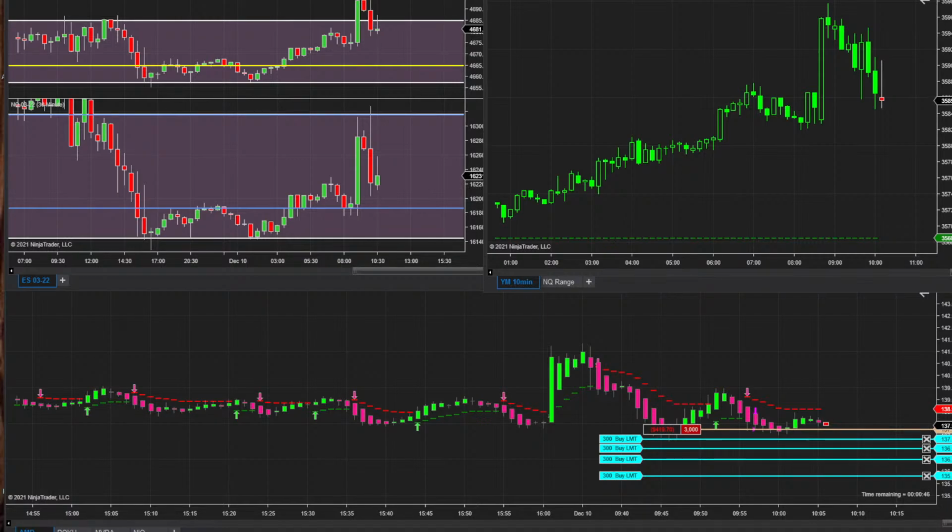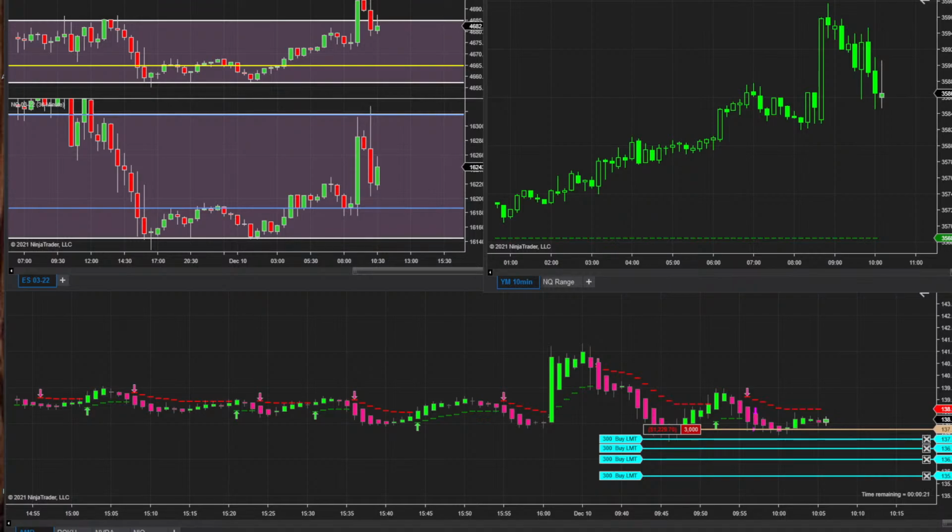91. It's really trying to stay over this 138, which is frustrating. So I might have to cut it. The market's trying to rally here. 13.